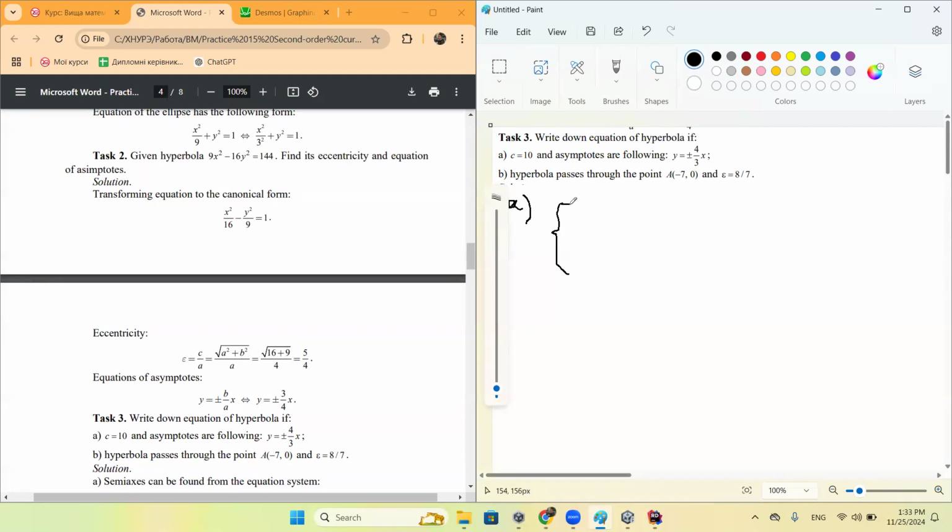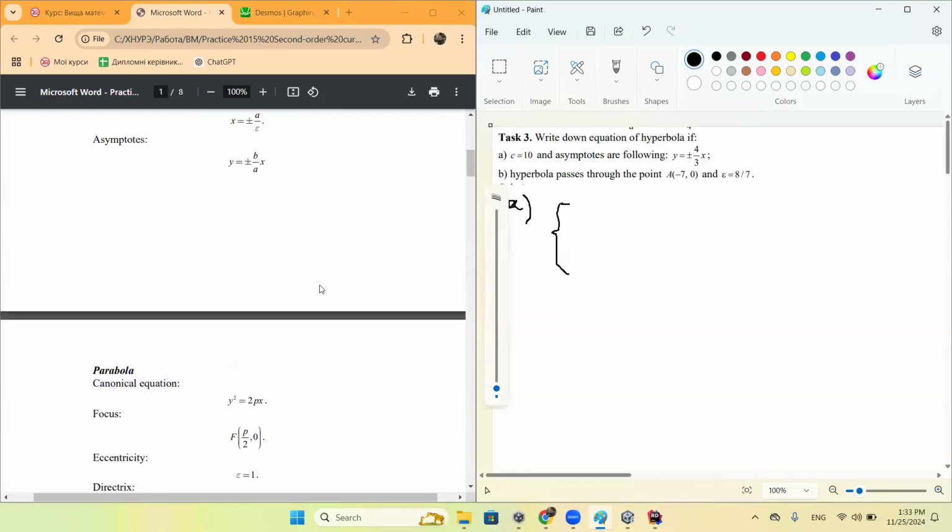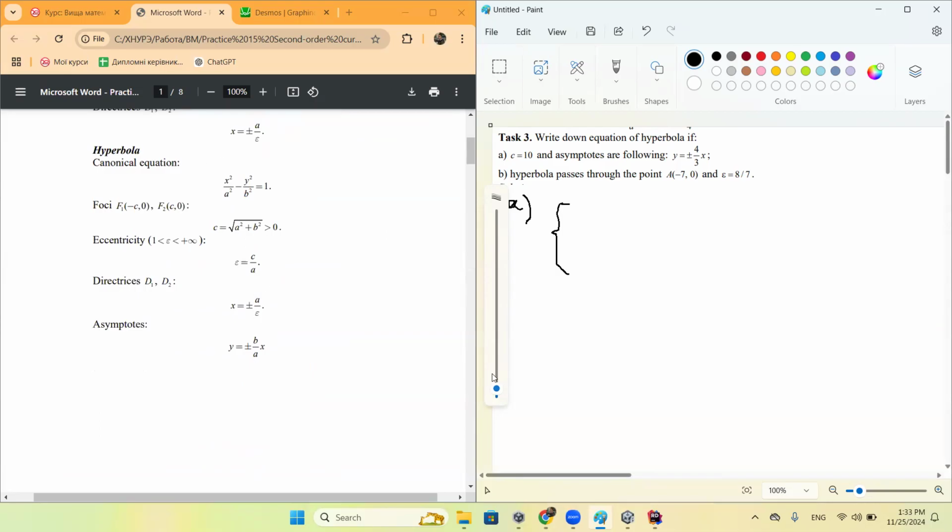Basically, that's a spoiler for you. I am opening formulas for you. Okay, no ideas. So with these formulas, we need to find A and B.